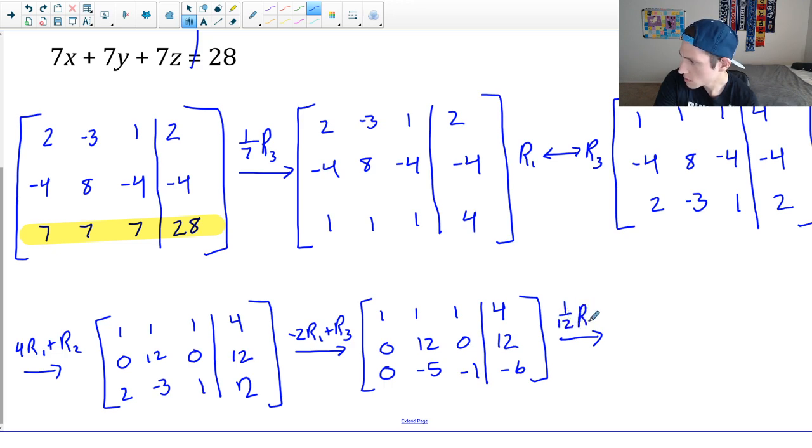So 1/12 times row 2. So row 1 stays the same: 1, 1, 1, 4. Row 2, 0 times 1/12 is 0. 12 times 1/12 is 1. 0 times 1/12, 0. 12 times 1/12, 1. And row 3 stays the same.